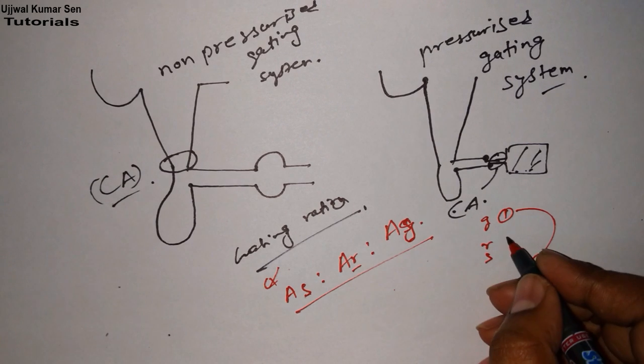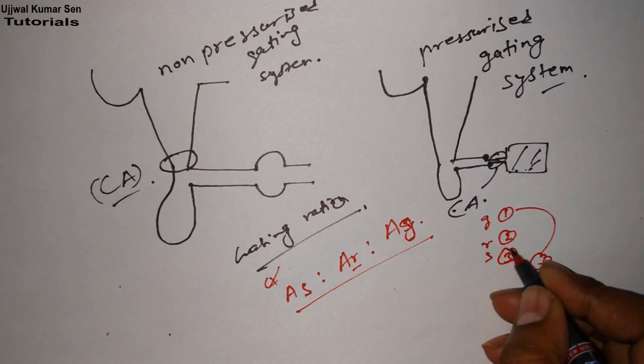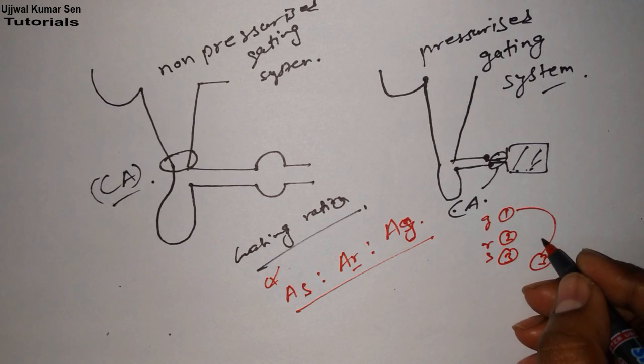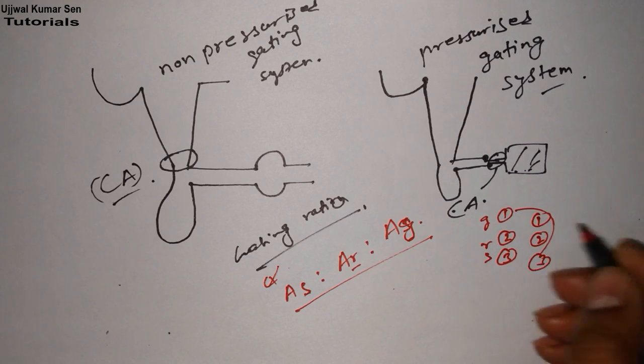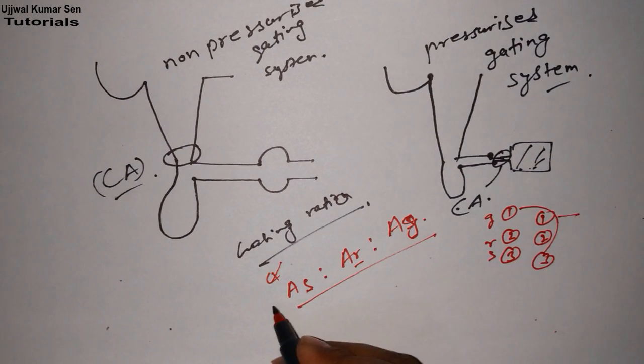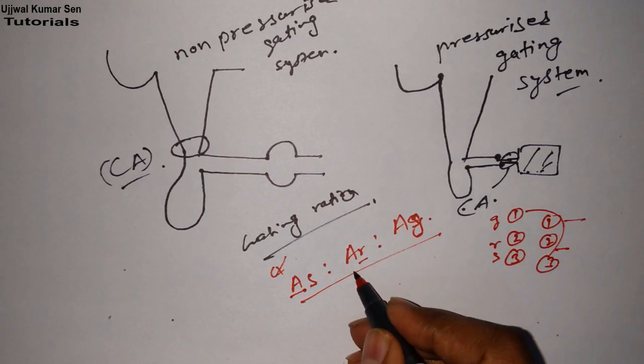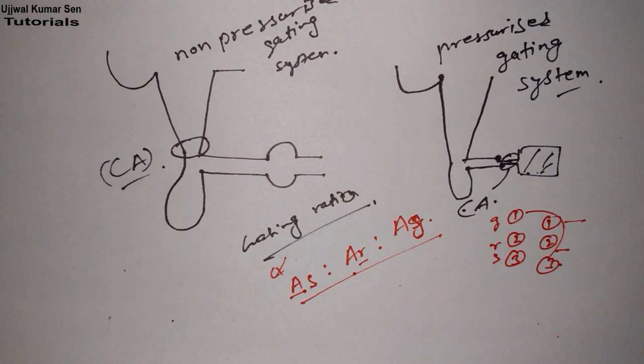Just reverse this. R second and S third. Just reverse this. G third, R second and S first. So AS, AR and AG. These are all in a ratio, and this ratio is known as the gating ratio. I hope you are getting what I am trying to make you understand in this concept.